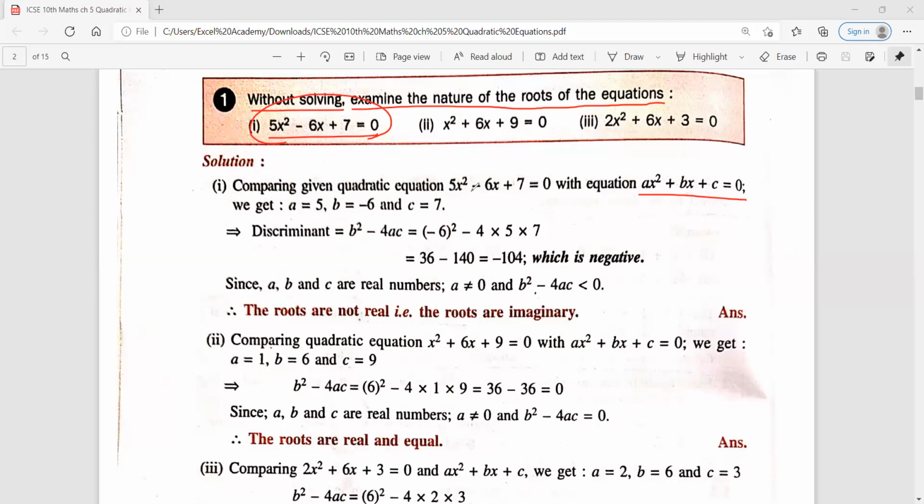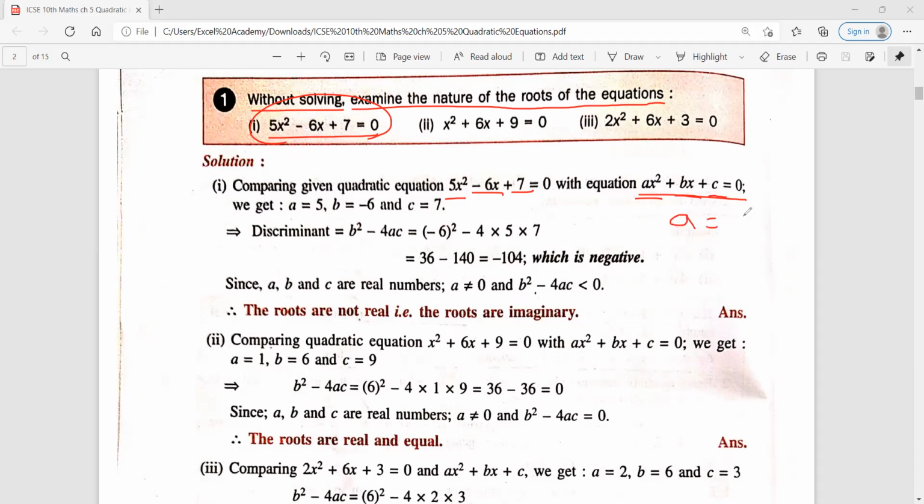So 5x square is ax square, minus 6x is bx, and 7 is c. So if you compare the coefficients, see, we are only interested in the coefficients a, b, c. Okay, variable काय पण असेल काही फरक पडत नाही, x असेल, y असेल, p असेल, q असेल, z असेल, doesn't matter. We are interested in the values of the coefficients.